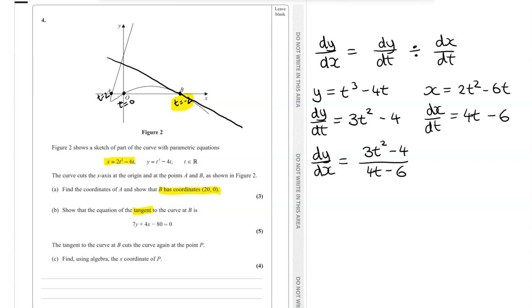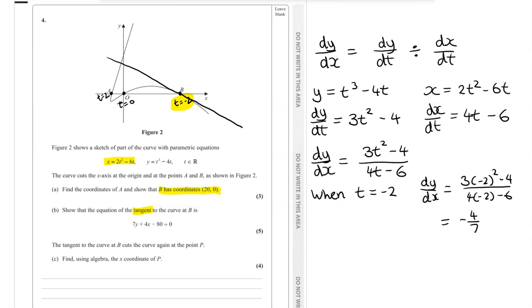We're going to sub that into our gradient function. And when I do so, I get a gradient of minus 4 over 7. So that is my gradient at that point B.